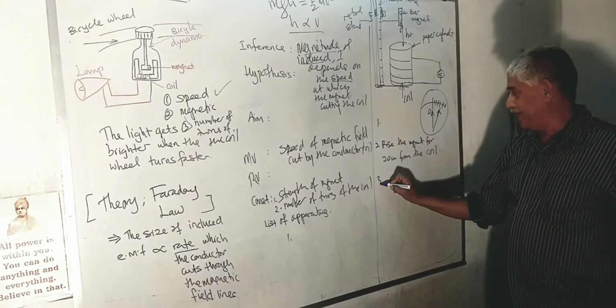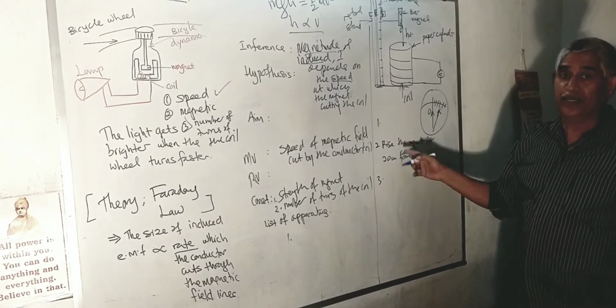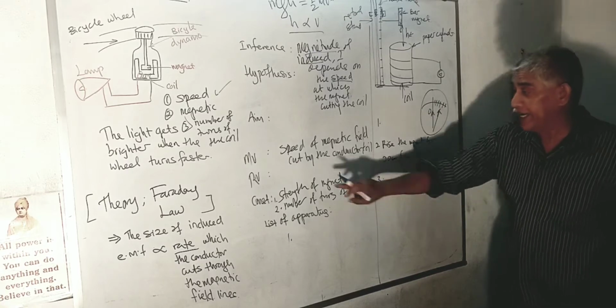Number 3. This is the first manipulated variable. Now, how you are measuring the first responding variable.